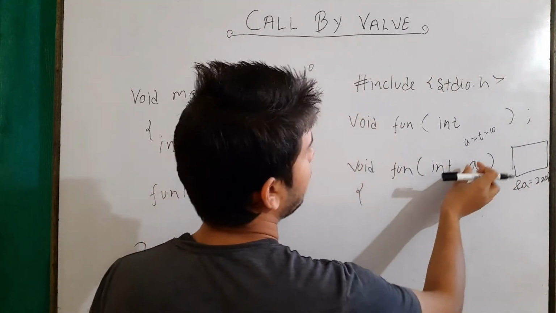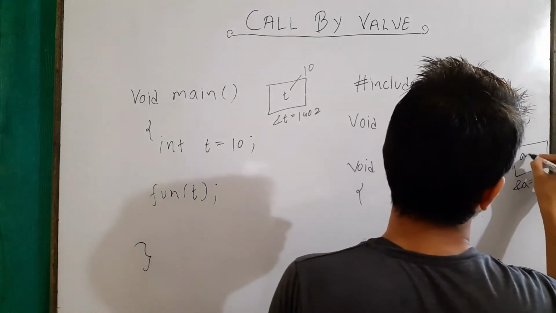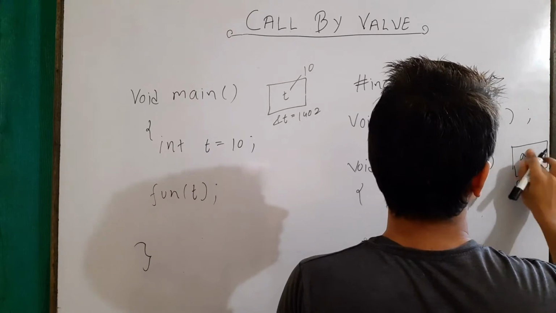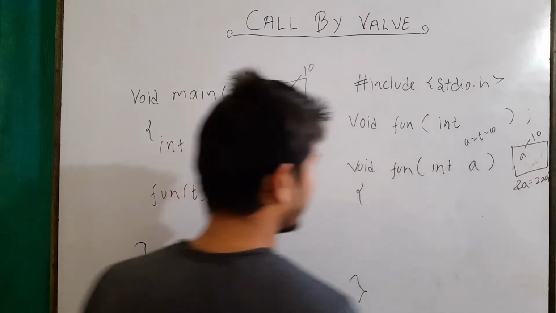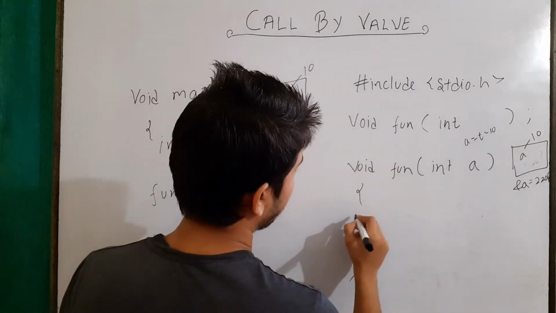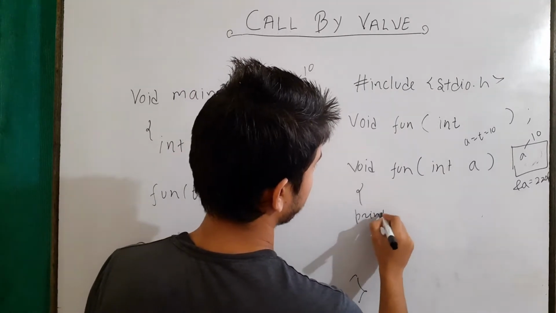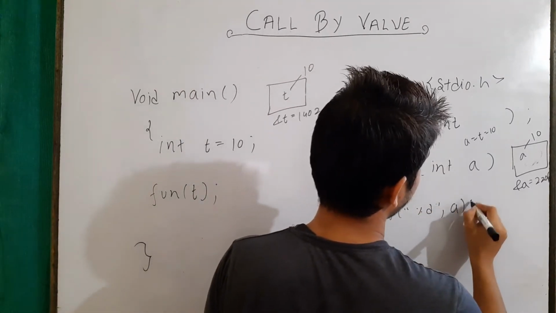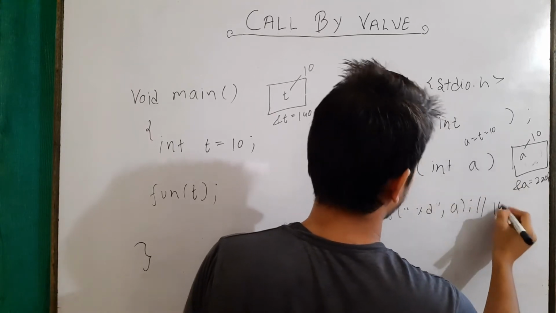And I am writing that a equals to t now. So a is equal to t, or we can say a is equal to 10. So simply a is right now 10. Now if I write here printf of %d a, it will give me output as 10, right?